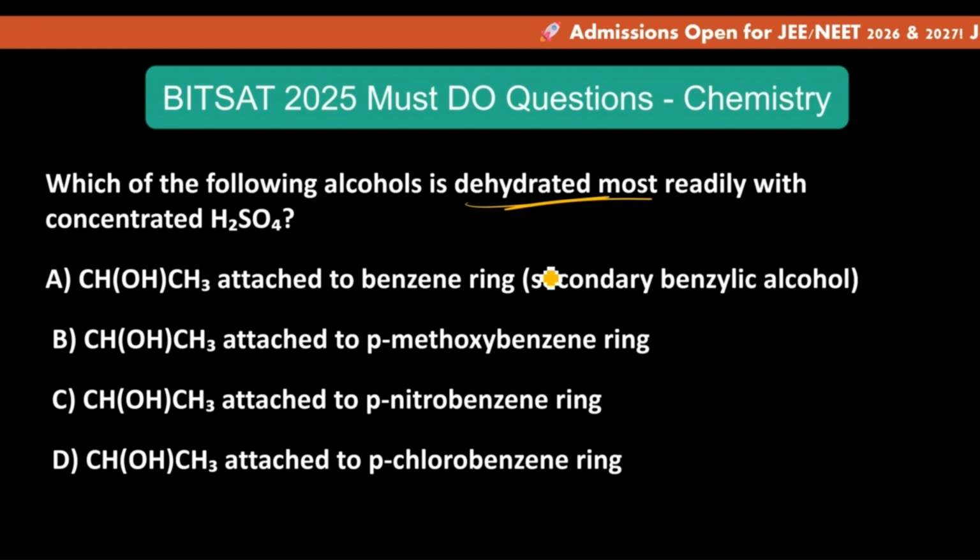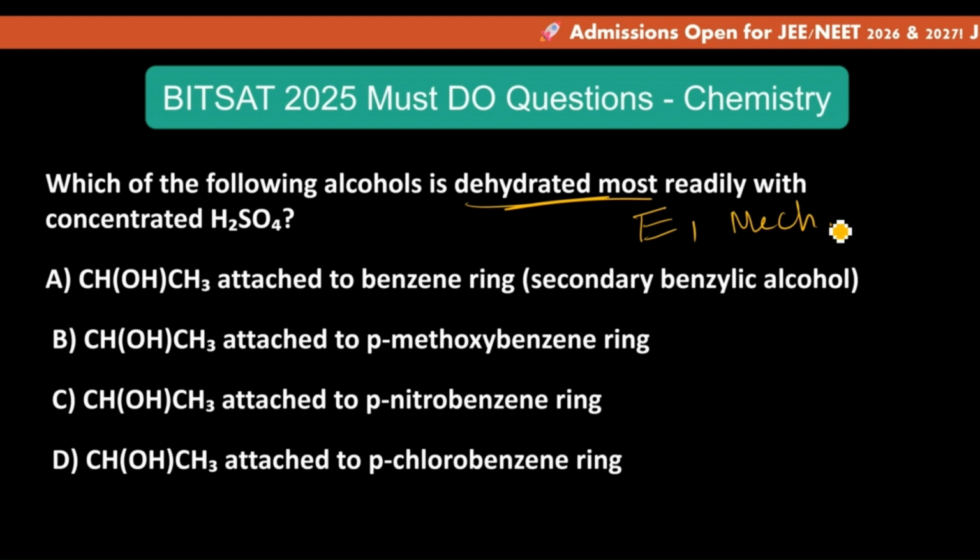So dehydration of these alcohols in the presence of concentrated sulfuric acid follows the E1 mechanism. Correct? The given alcohols are secondary, so E1 is quite possible. So the rate will depend on carbocation stability only.